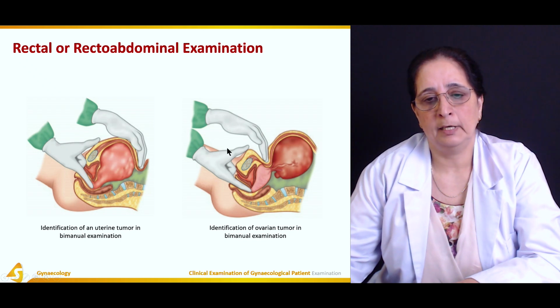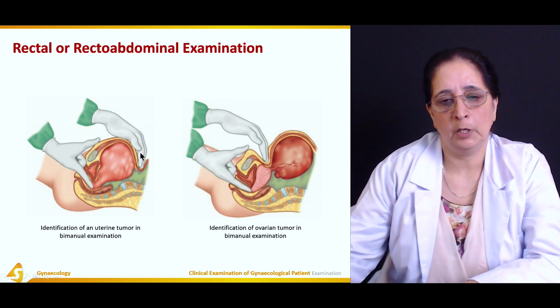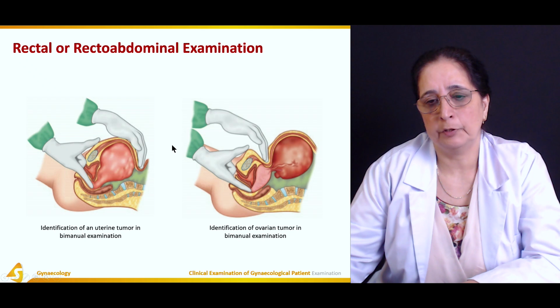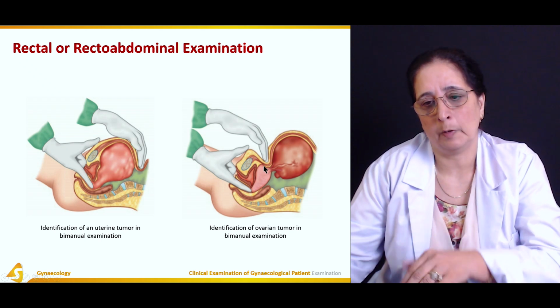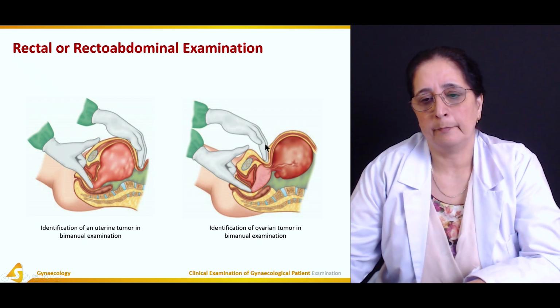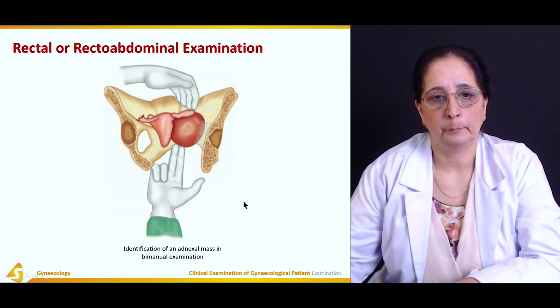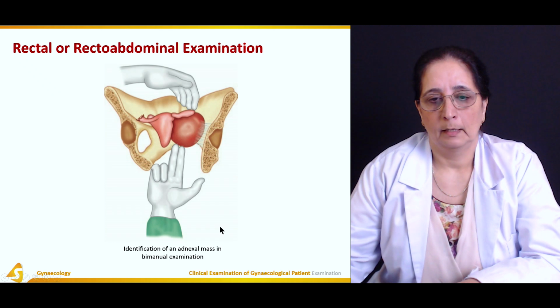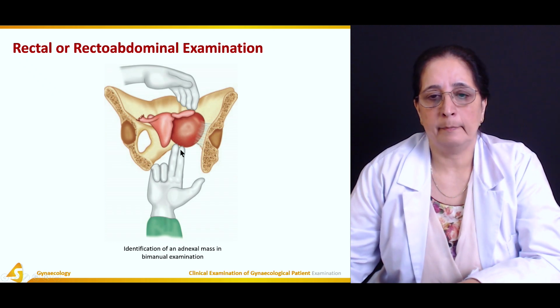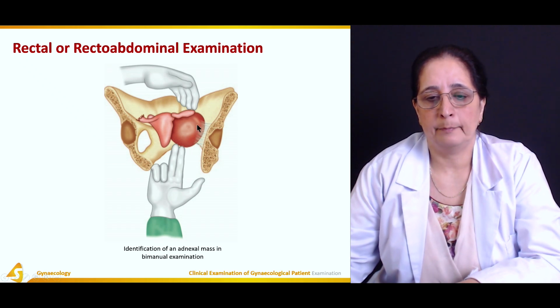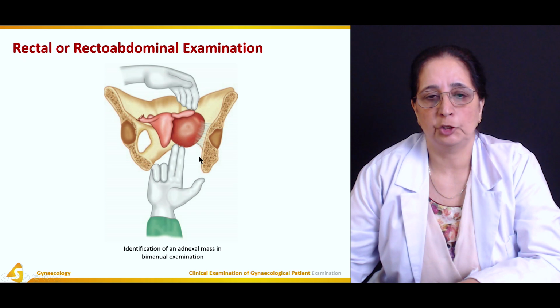Here you feel the pushing of the whole uterus, and just pushing of the front part, the lower part. So this can bring the ovaries a little in front. And then adnexal mass, any growth on the side, can also be palpated by the bimanual examination.